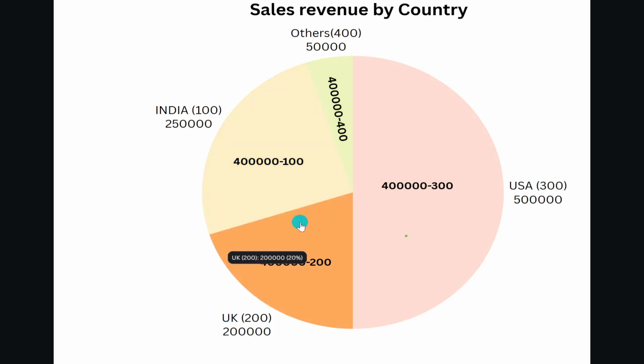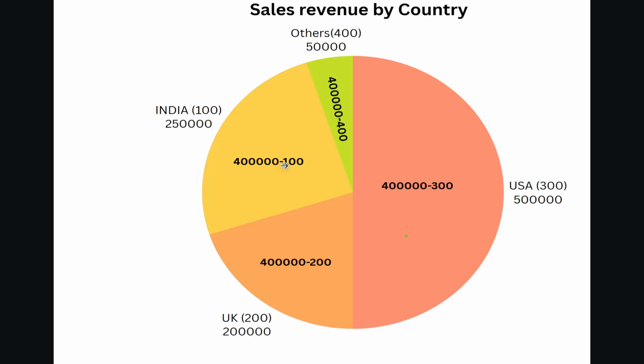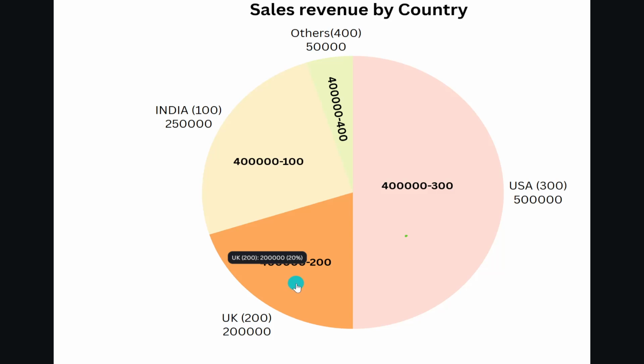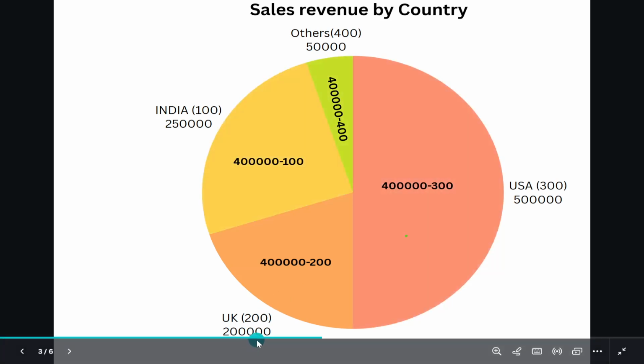In India it is 250,000, and I've given a code 100 for India, as you see here. And for UK, the sales revenue is 200,000, and the code for UK is 200.